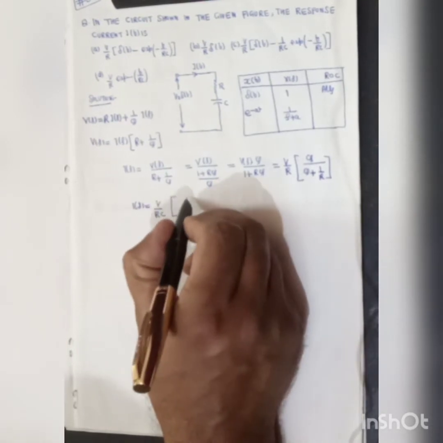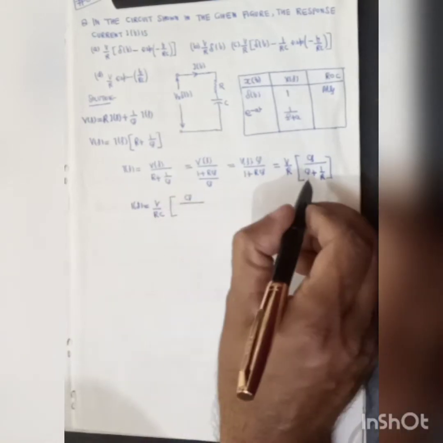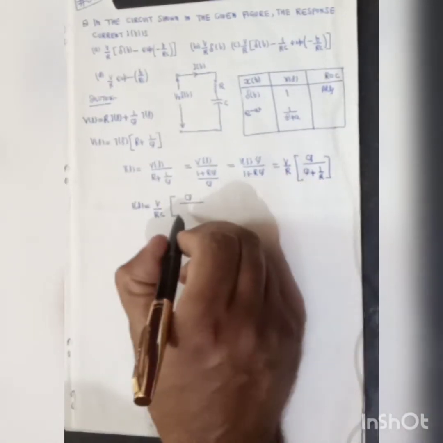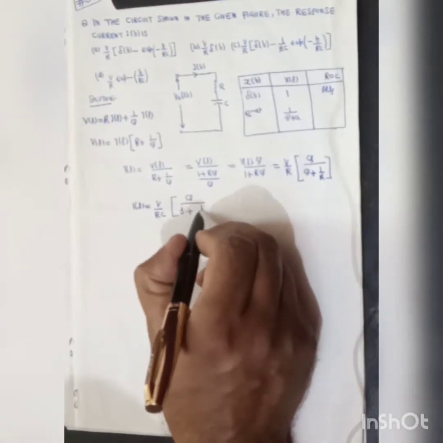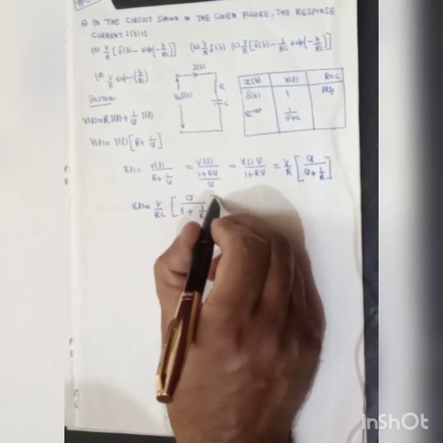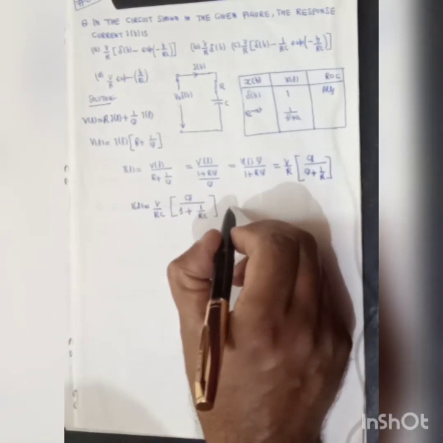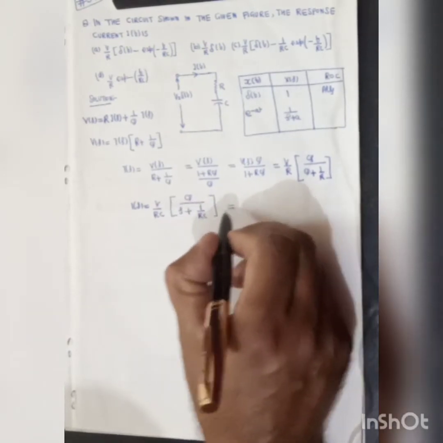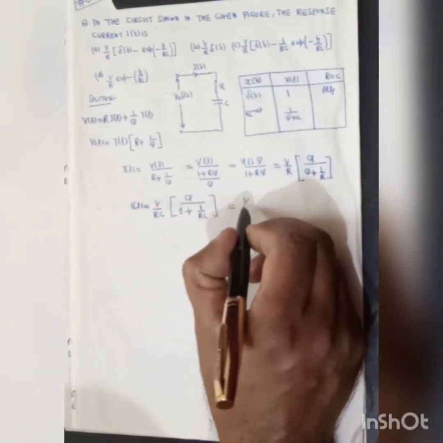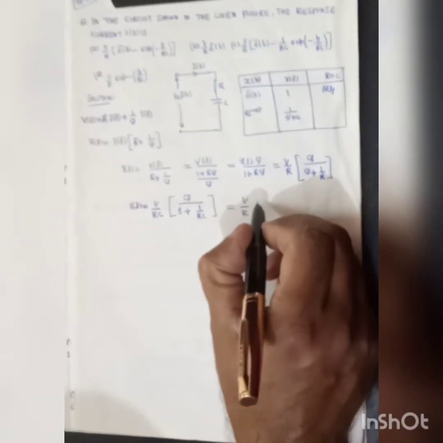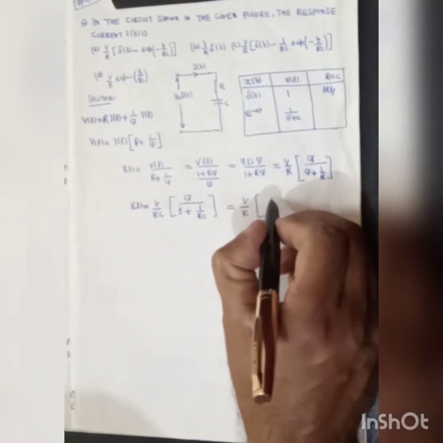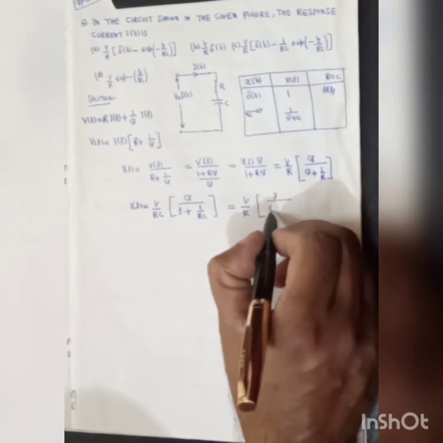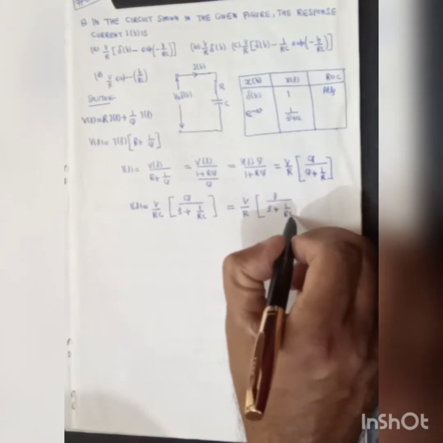In the numerator it will be Cs, and in the denominator, with C taken outside, it will be s plus 1 upon RC. Now C from numerator and denominator will cancel, so it will be V upon R into s divided by s plus 1 upon RC.